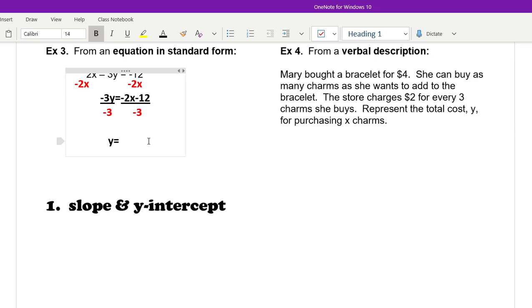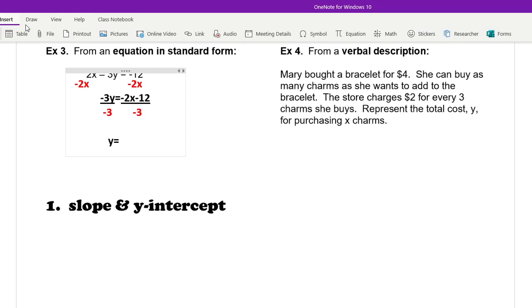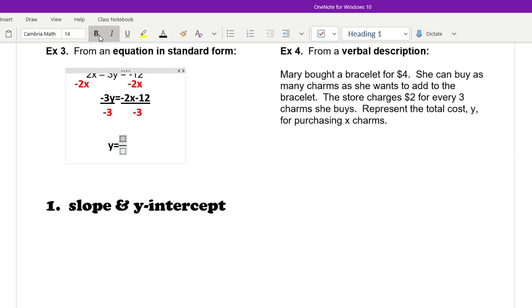On the other side, we divide each term by the negative 3. So we'll divide negative 2x by a negative 3. When we simplify this, they become a positive value.